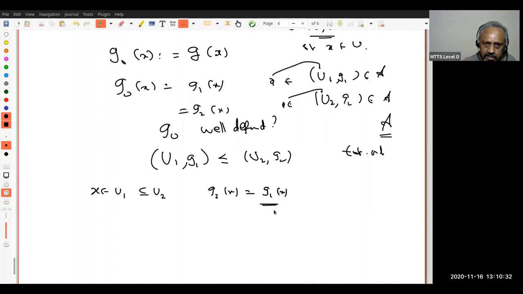Therefore, I have proved it is independent of which pair. So, whatever u g, if x belongs to u, I can define g naught of x to be g of x. It's well defined. Are you following? Please pause, review, proceed.